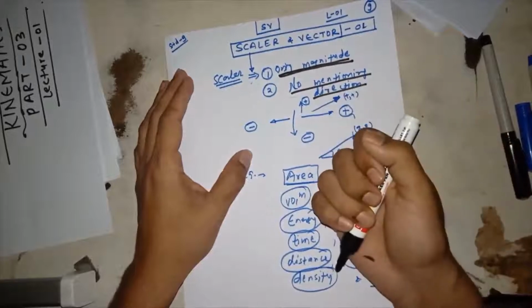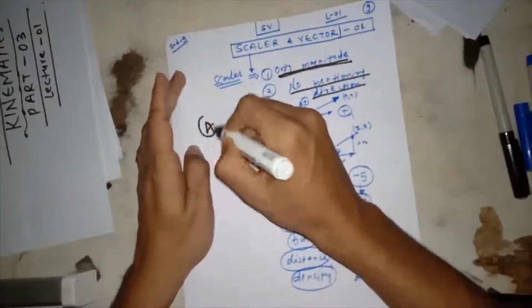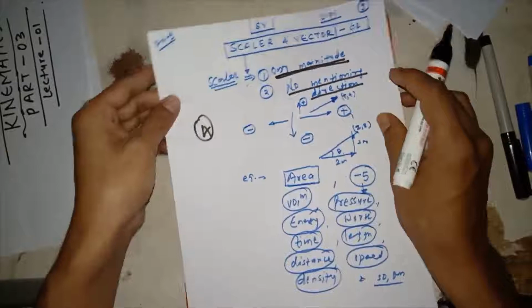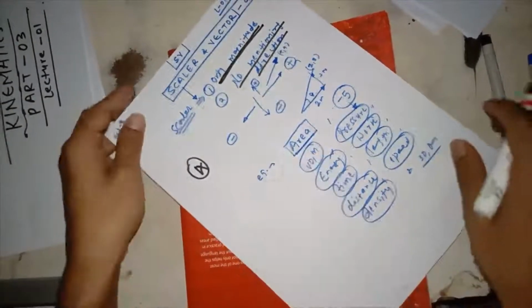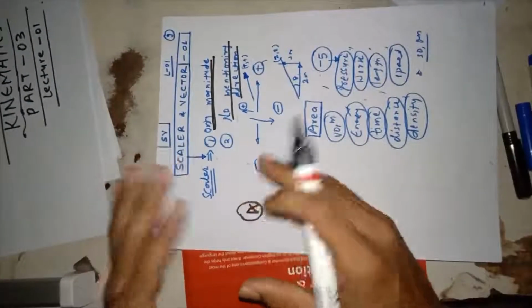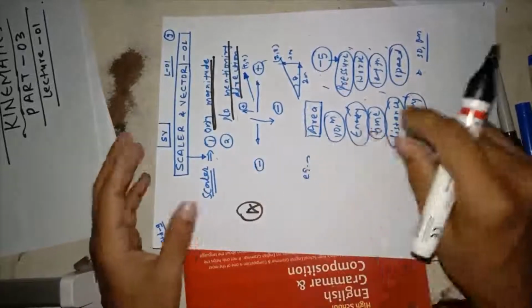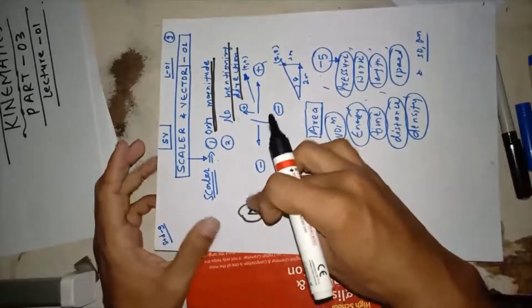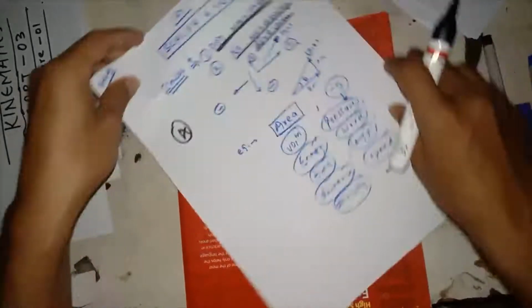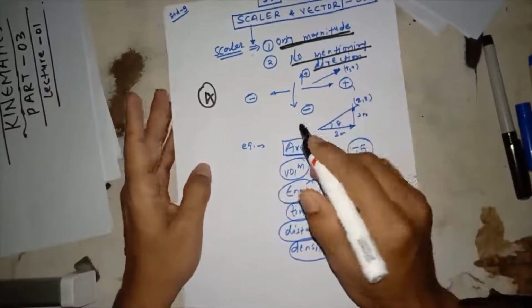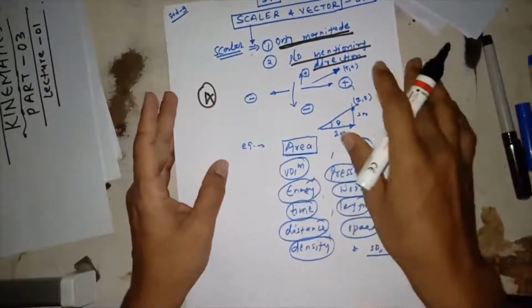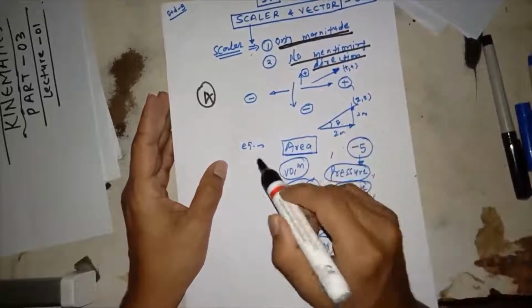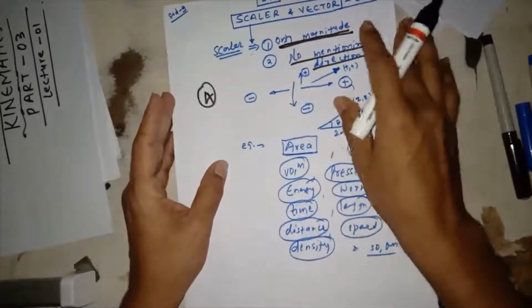For example, if we take a number 4, if you rotate it, it is still a number 4. It never gives any changes when you take different direction for it. So all the numbers are scalar quantities. Like area is also a scalar quantity.